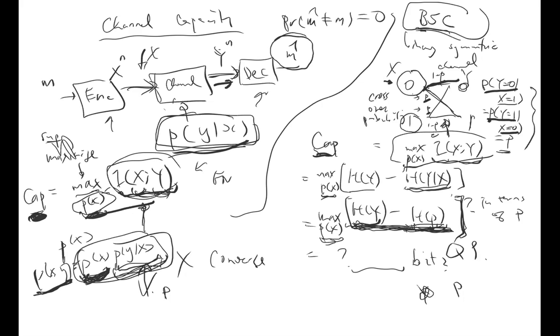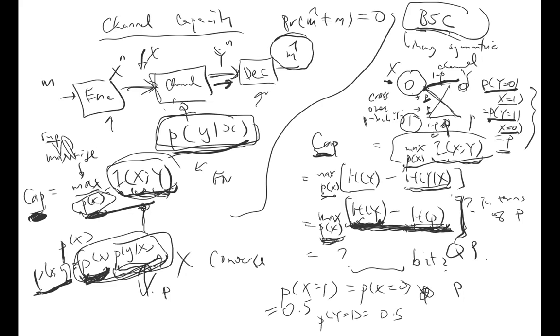So the capacity will be equal to H(Y) minus H(P), which we maximize over the distribution of X. The maximum H(Y) I can get is when Y is uniform, and I argue I can get this if I make X uniform. If P(X=1) equals P(X=0) equals 0.5, then P(Y=1) will also equal 0.5.